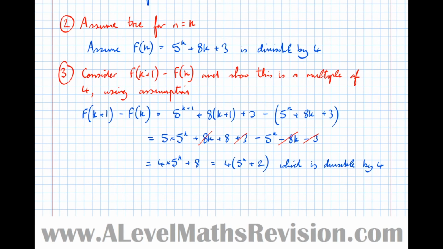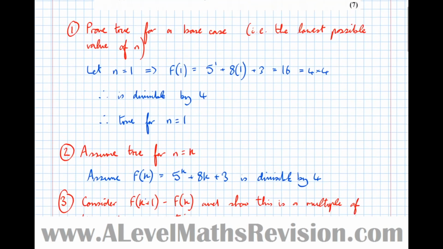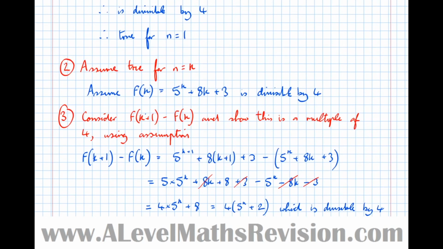Well, actually, let's go back to our initial step here. What we said we're going to do here is prove that it's true for a base case n equals 1. Well, we've done that here. It is true for n equals 1. So we've proved that if it's true for one case, then it's true for the next.